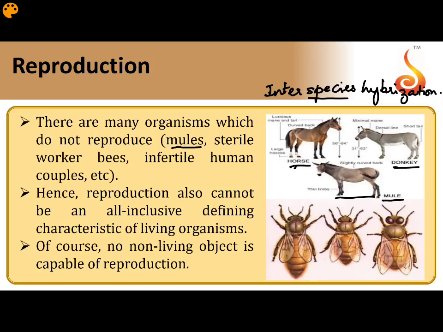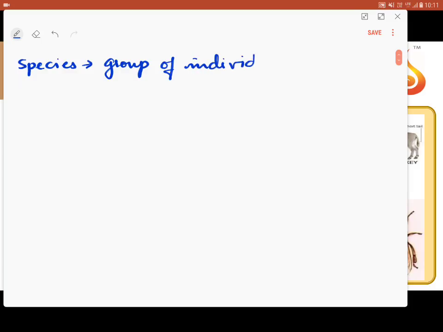I repeat, a species should be a group of individuals which on mating produce fertile offspring.